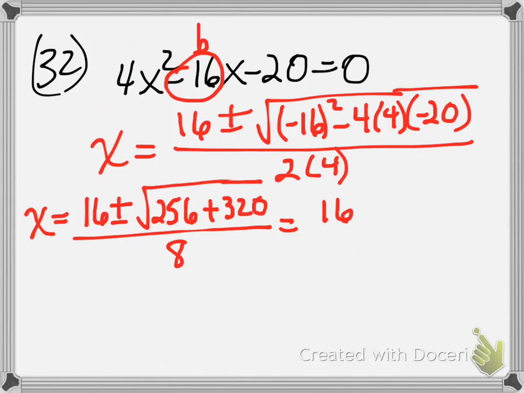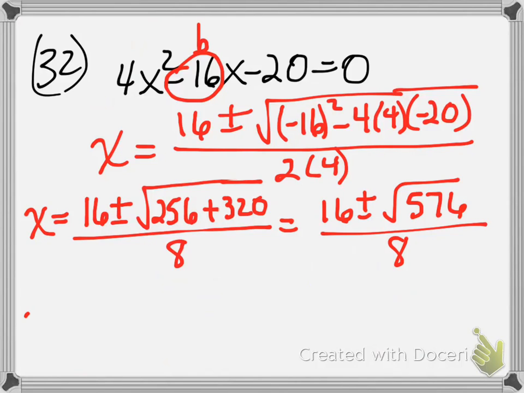So that's 16 plus or minus the square root of 576 divided by 8. 576 is actually a perfect square. The square root of 576 is 24.